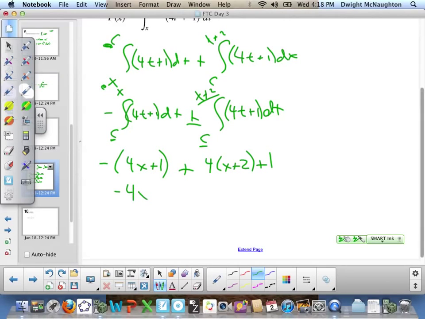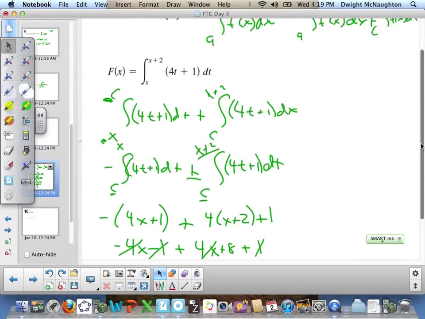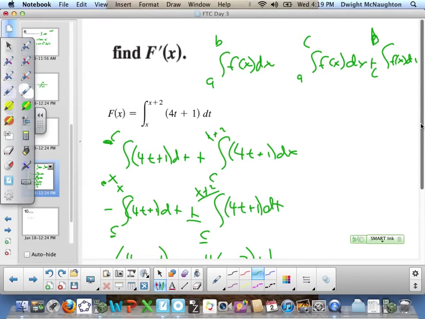Simplify, we got negative 4x minus 1 plus 4x plus 8 plus 1. Negative 4x cancels. Negative 1 and 1 cancels. We're left with 8. So that equals 8.